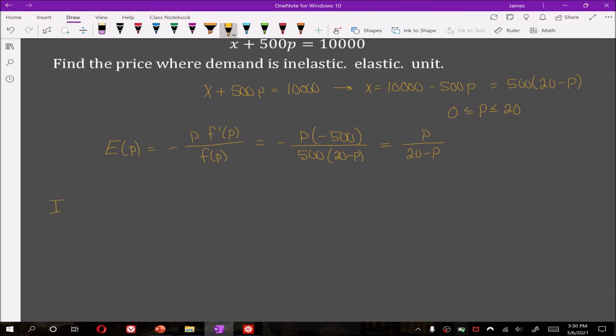For inelastic, remember, we want elasticity to be between 0 and 1. So we want 0 less than p over 20 minus p less than 1. Solve for this. Multiply everything through by that 20 minus p. 0 less than p less than 20 minus p.